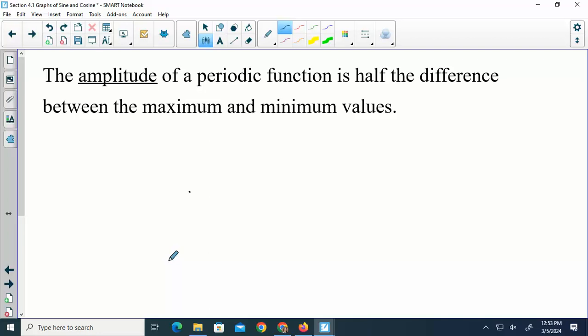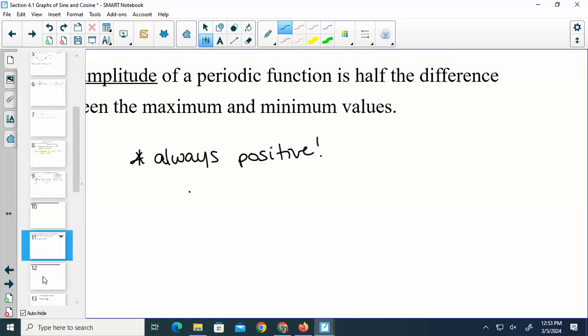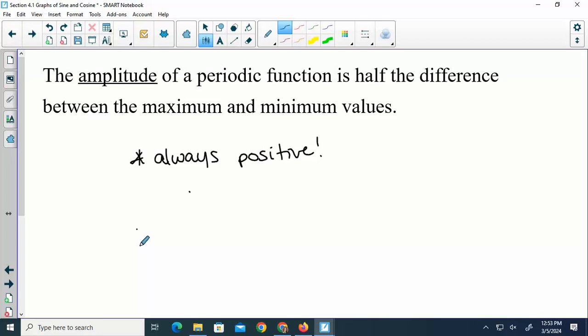And that's found by the coefficient, the number out in front. Amplitude is always positive. Okay, so it's like giving the height of our curve, so it has to be a positive number.